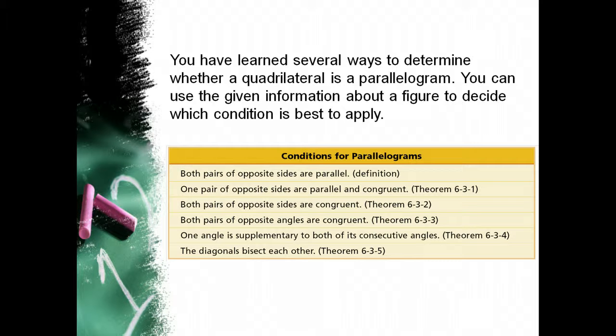Both pairs of opposite sides are congruent, that would be 6.3.2. Both pairs of opposite angles are congruent, that's Theorem 6.3.3. One angle is supplementary to both of its consecutive angles, that's 6.3.4. Or the diagonals bisect each other, and that would be 6.3.5. So depending on the picture that you're given, or how the problem is written, you would know which condition you're using to prove a parallelogram.